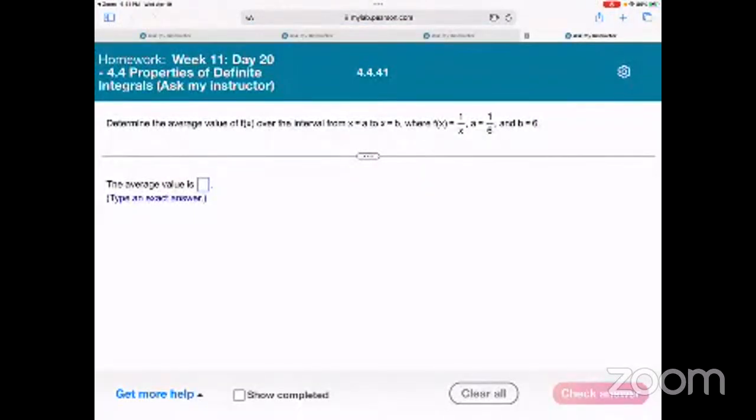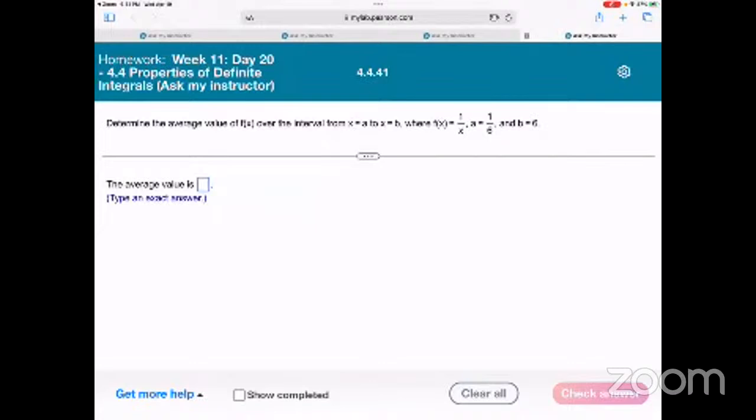So this one comes from question 41. It says determine the average value of f over the interval as x goes from a to b, where f of x is this, a is this, and b is this. I'm assuming they just want us to take the integral of f of x as x goes from 1/6 to 6.